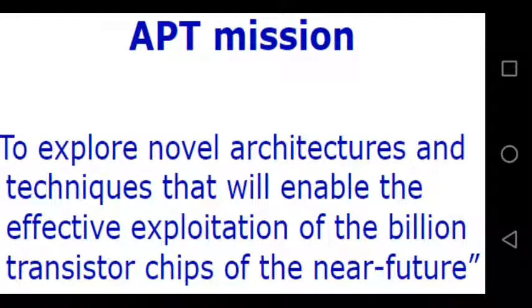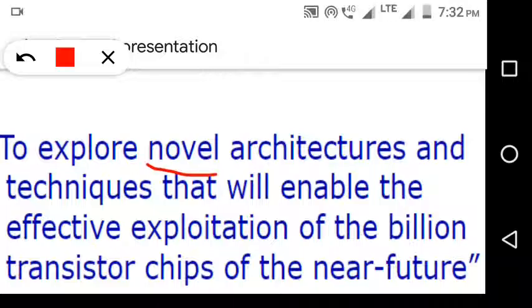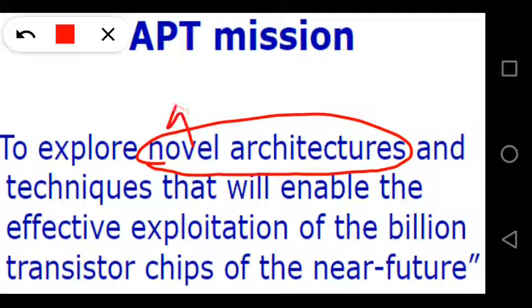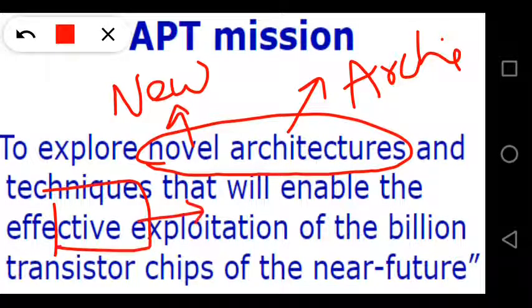Now the goal of this advanced processor technology is to explore novel architectures. Novel means new. New architecture. What is meant by architecture? Architecture means how the processor is organized, how it is divided into multiple processing elements.